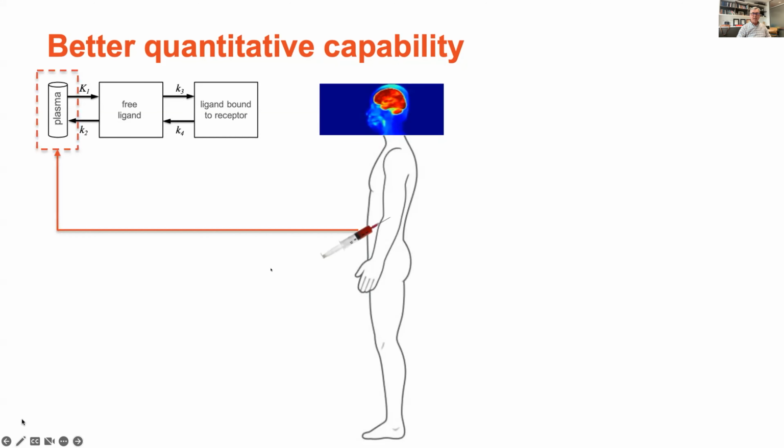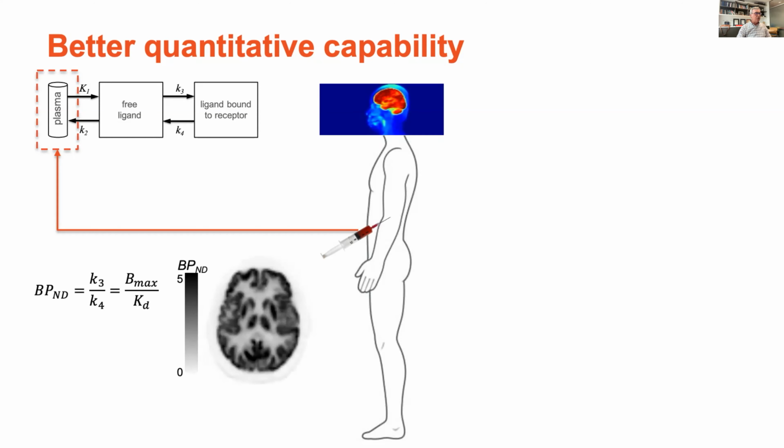And to do that, we need to take arterial blood samples. So that's a fairly invasive procedure. And when we do that, that allows us to generate parametric images where each individual voxel represents a quantitative physiological parameter, in this case, the binding potential of that particular receptor binding ligand.